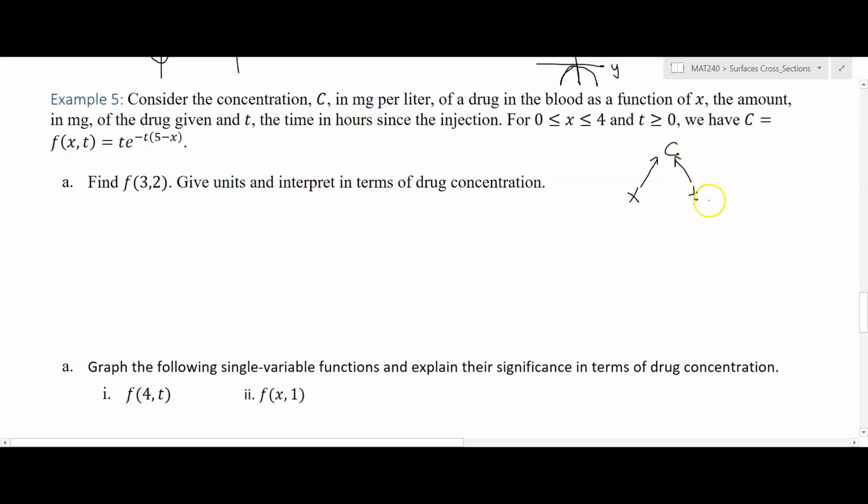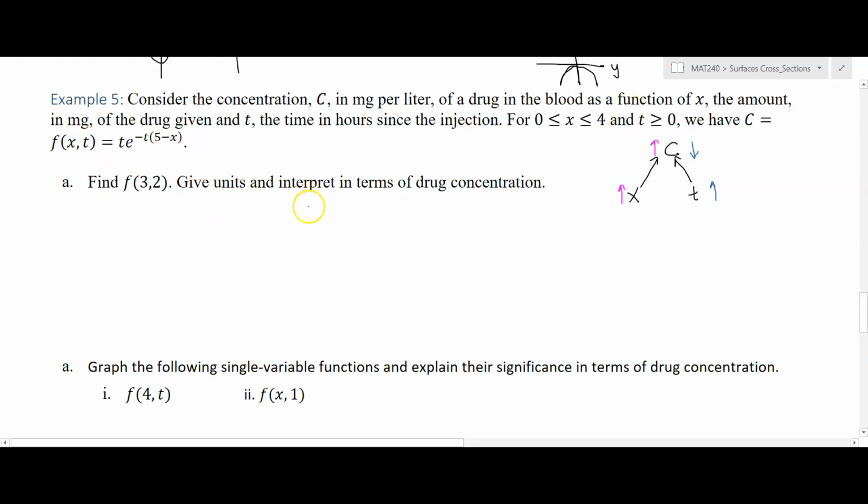So as t goes up, we would expect the concentration to go down. But that's if we're holding the initial dosage at a fixed level. As we increase the initial amount that we've taken and we hold time constant, that's going to increase our blood concentration. So that's probably intuitively what we should see as we begin to analyze this.